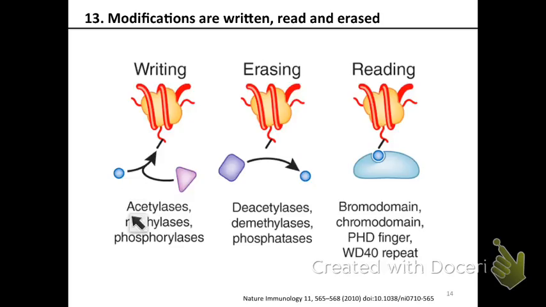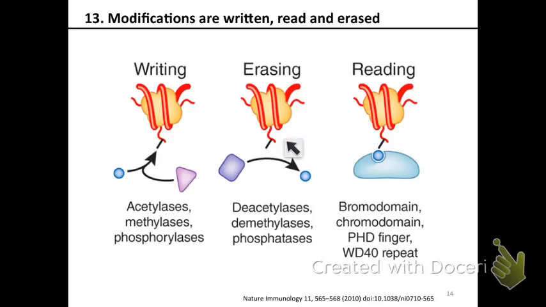One of these is called an acetylase, so it's going to acetylate a certain amino acid on the tail. Another one could be a methylase. Another one could be a phosphorylase. It's going to put a phosphate group onto a certain specific amino acid on the tail, and that's important. So each of these has a specificity.